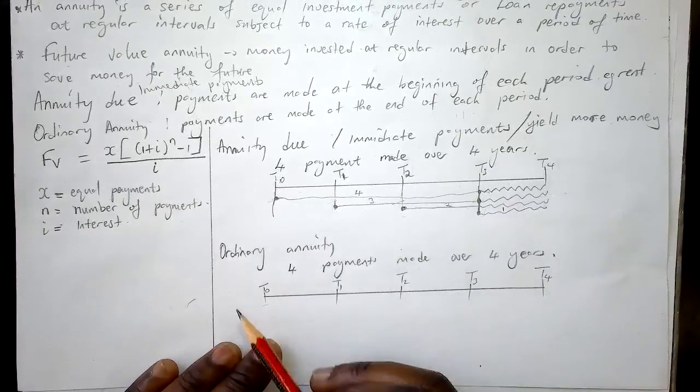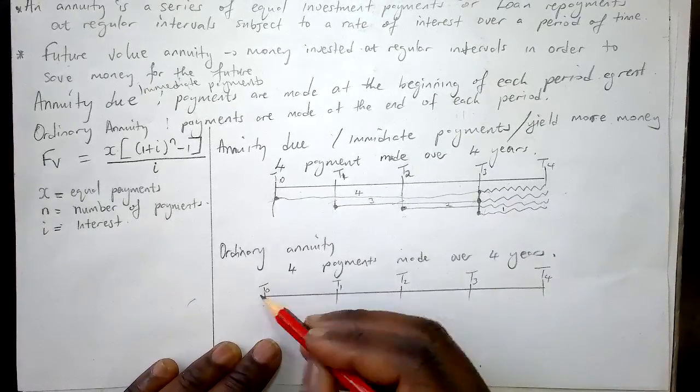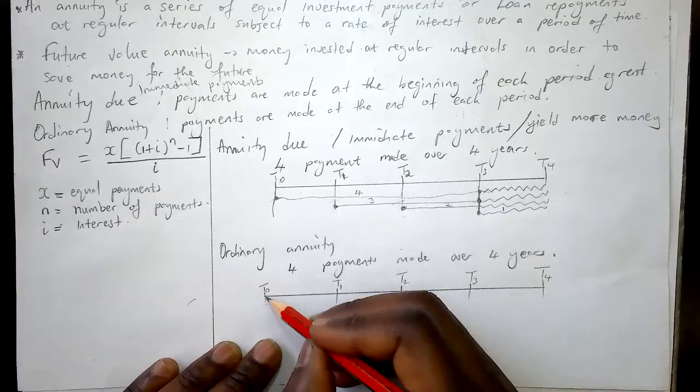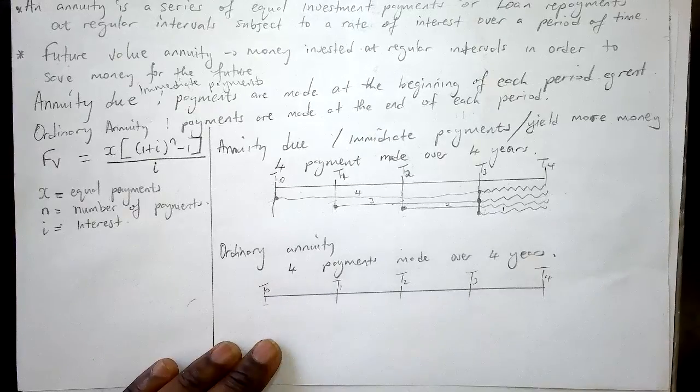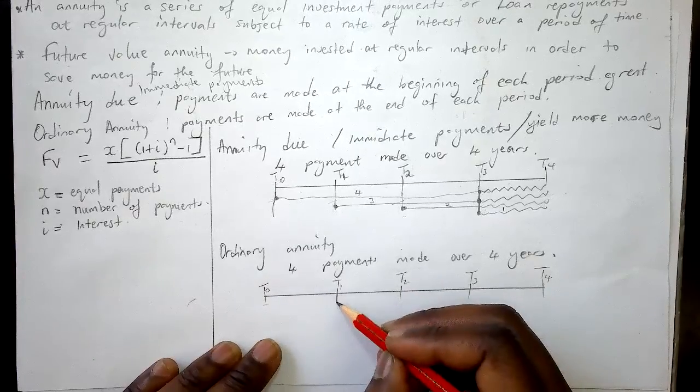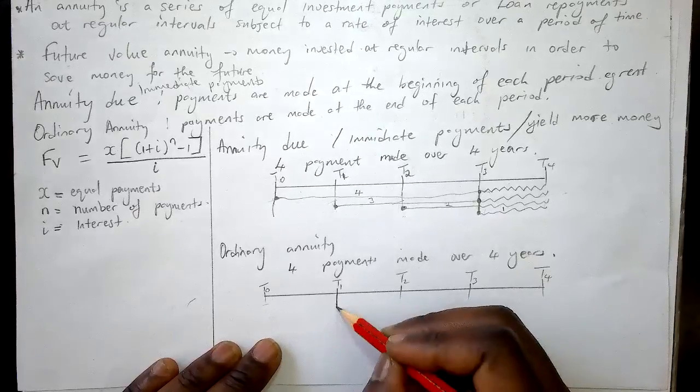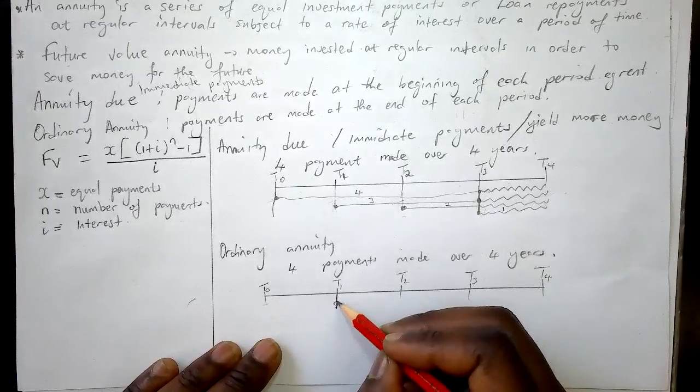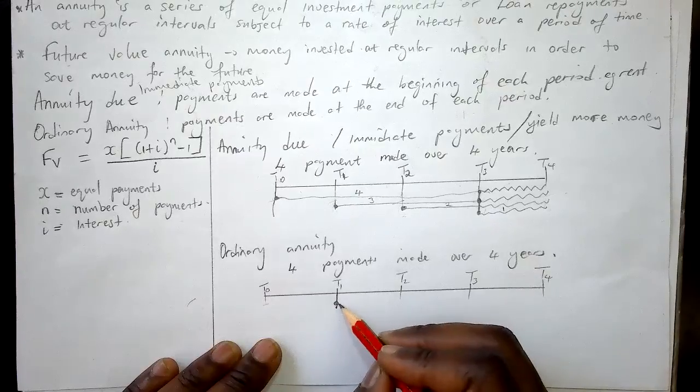Now, what about ordinary annuity? With an ordinary annuity, you are not making a payment at T0, you're not paying anything at the beginning of the year. You are paying in December, at the end of the year. So in T1, that's where you start making your payment. That's your first payment.